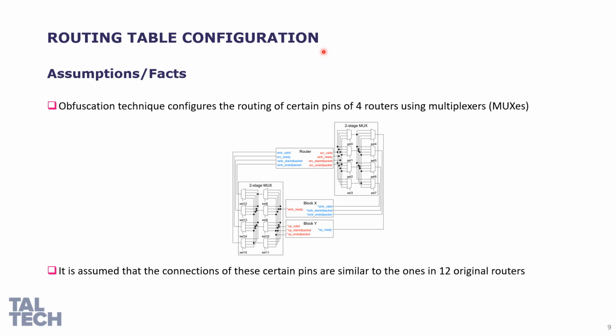In this figure we can see that these are the inputs of the router, and they are coming from the configuration of the muxes. So we have to provide the selection pin, which is actually the configuration key, to route the router towards the correct path.